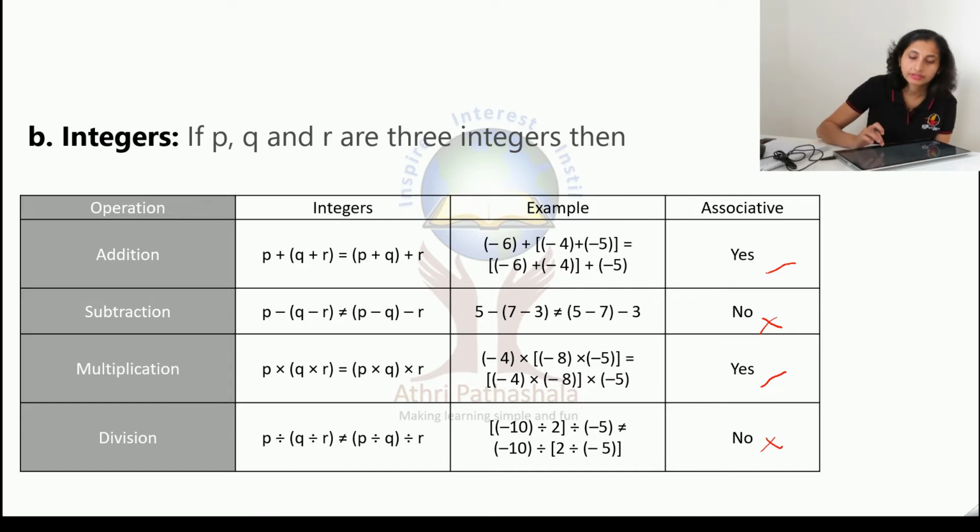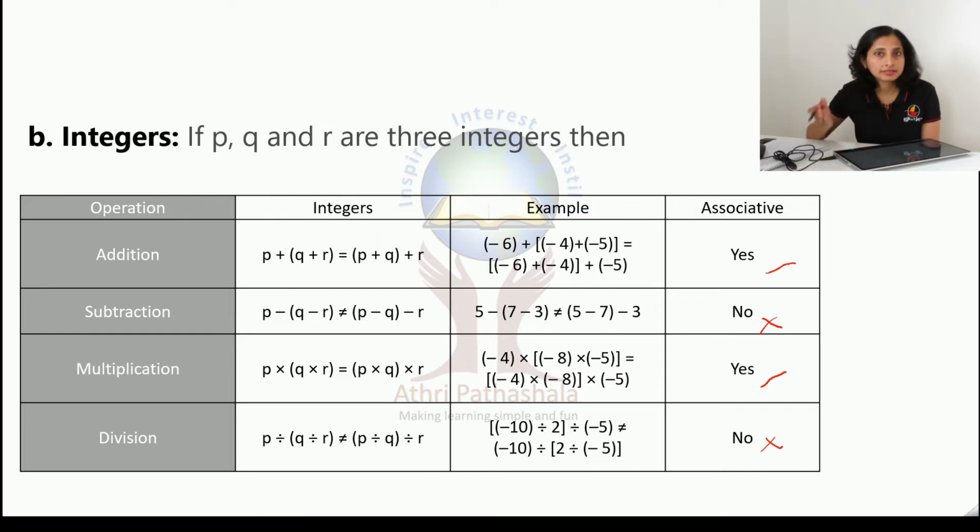I have given the examples. Check the answers. If you get left hand side equal to right hand side, then it is associative. If left hand side is not equal to right hand side, then it is not associative.